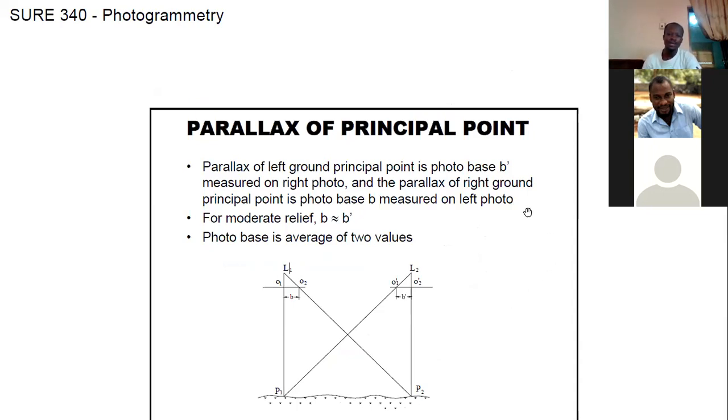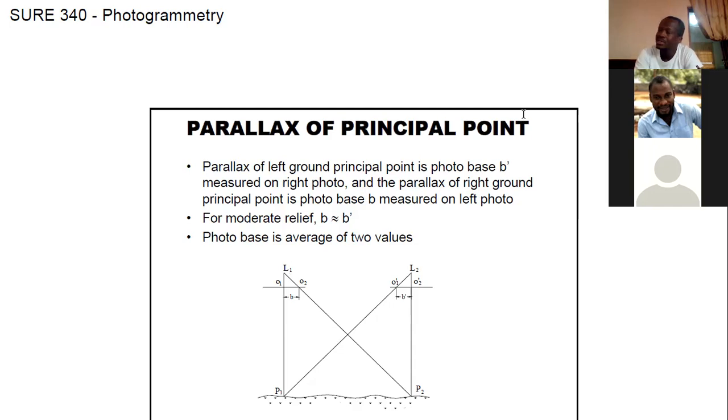So there you go, parallax of the principal point. What is the parallax of the principal point? The parallax of the left ground principal point is the photo base measured on the right photo. If you don't use wisdom, you won't appreciate this one. Is that okay? Because the principal point doesn't really have any distance that it can move.